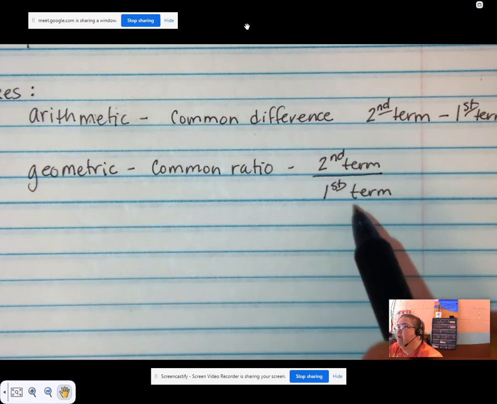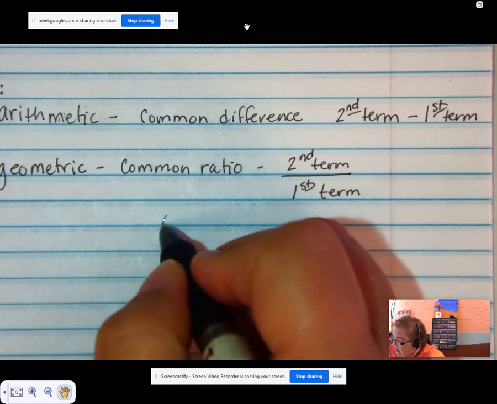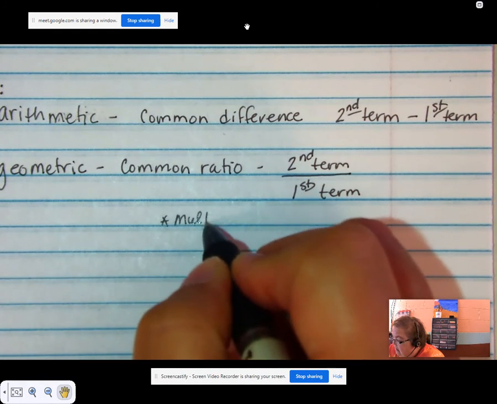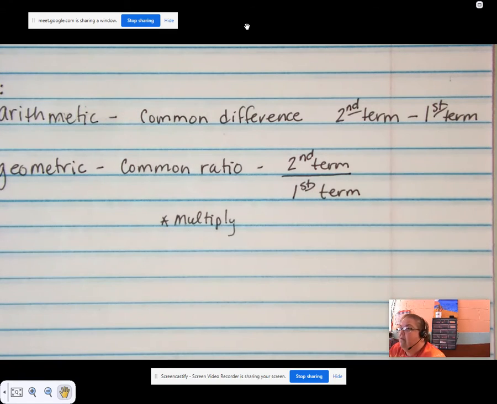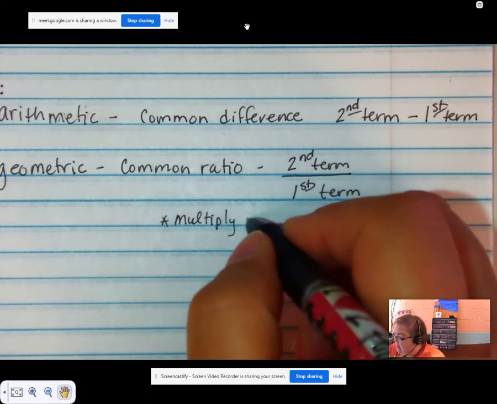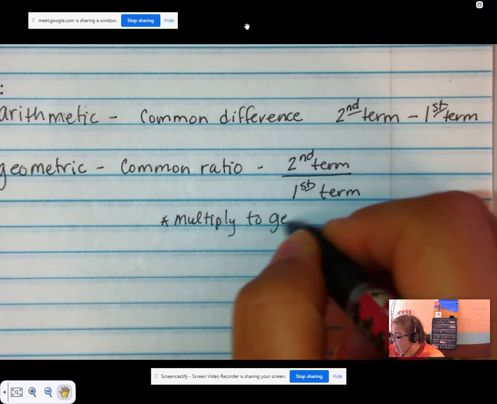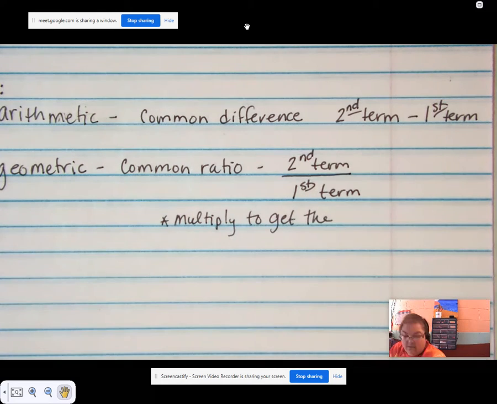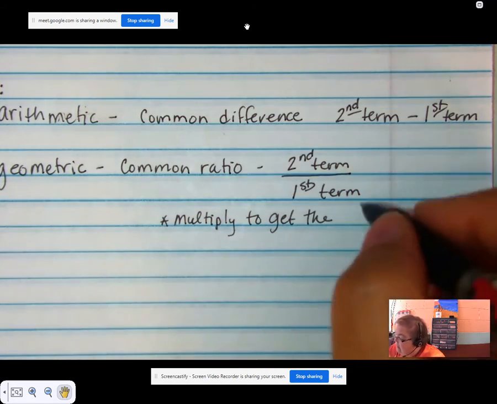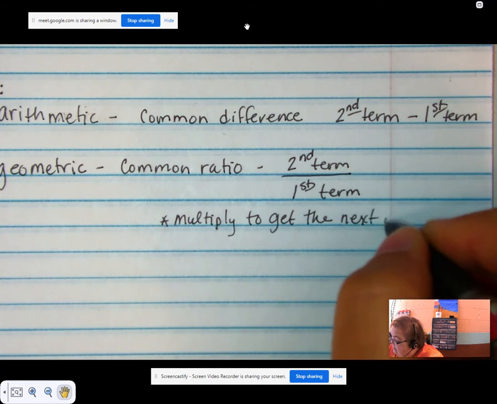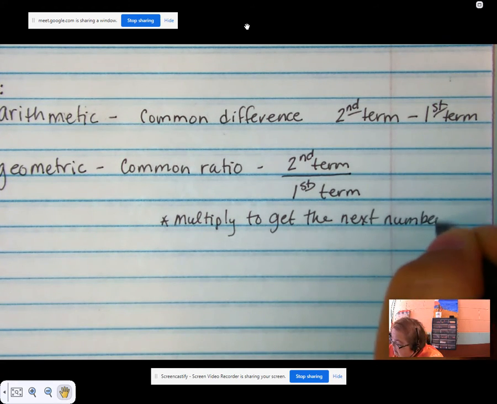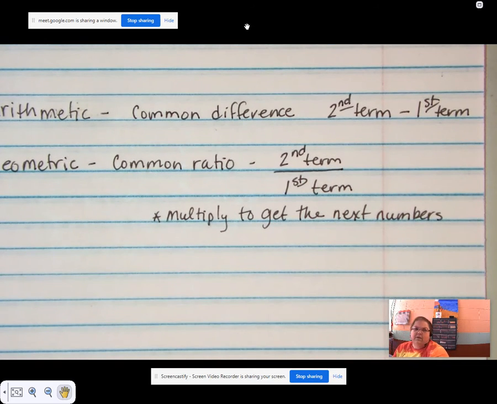And then once we have found the ratio, we then multiply to get the next numbers. Okay? So just as a reminder there, I divide to get that ratio, but I'm multiplying to get the subsequent numbers in the sequence.